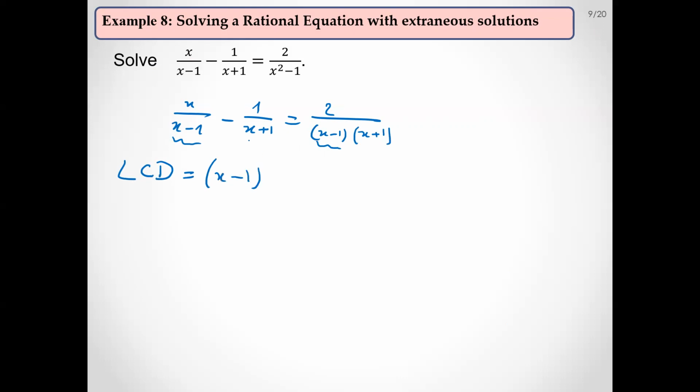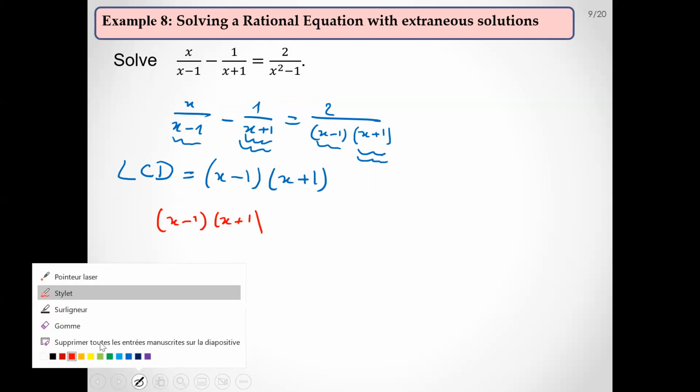So we take it. X plus 1 appears here and appears here with degree 1. So we take it. And we multiply all terms, both sides, by x minus 1, x plus 1.